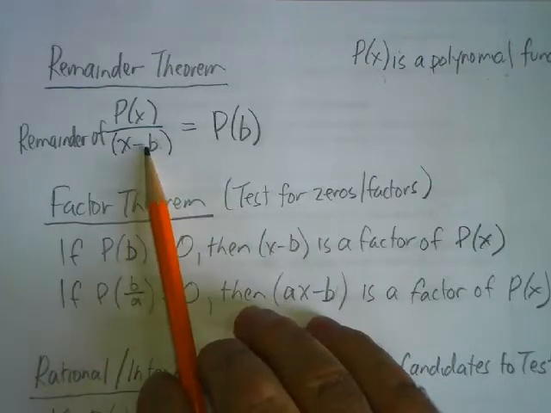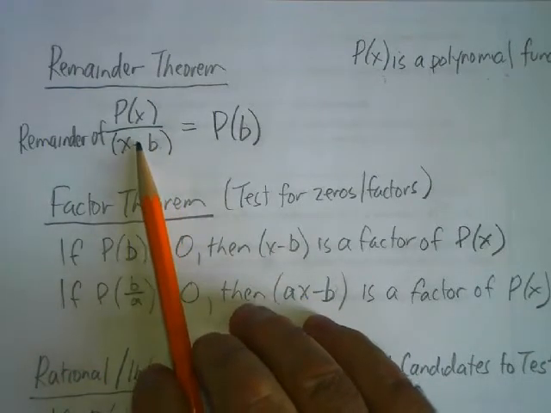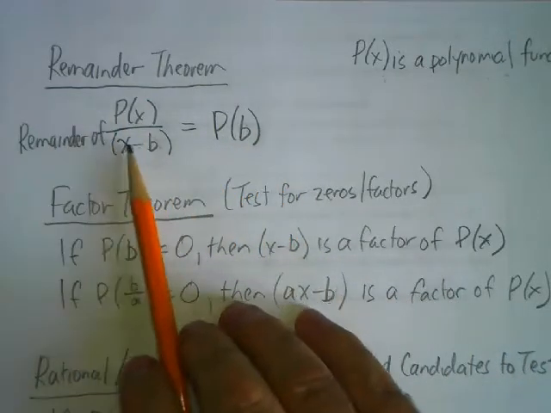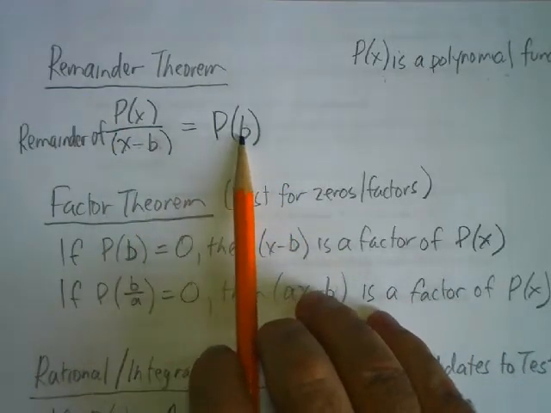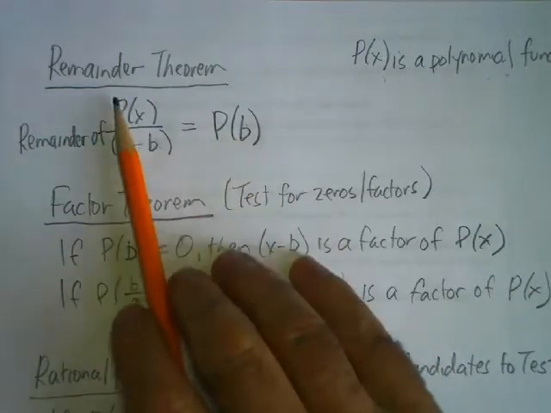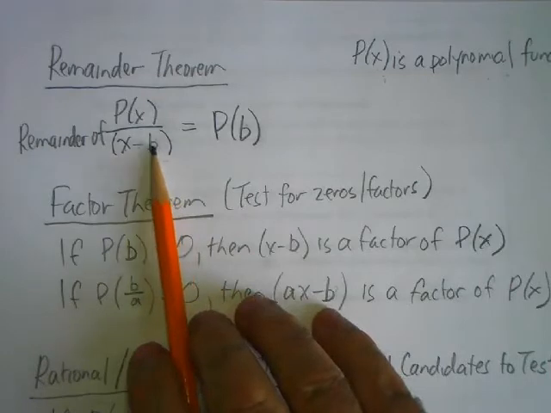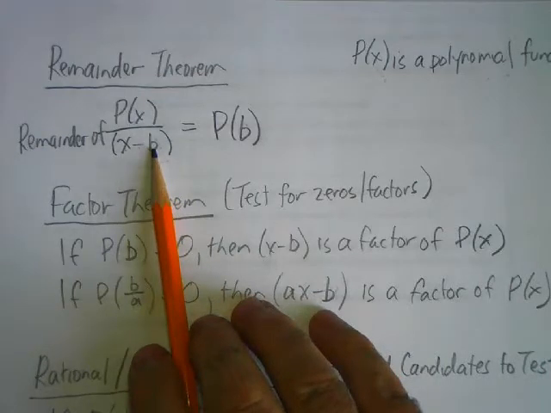But we didn't actually talk about this, but we can actually determine the remainder very quickly without fully dividing out either synthetic or long division by just plugging in the value of b that we want to check to see if it's a factor.